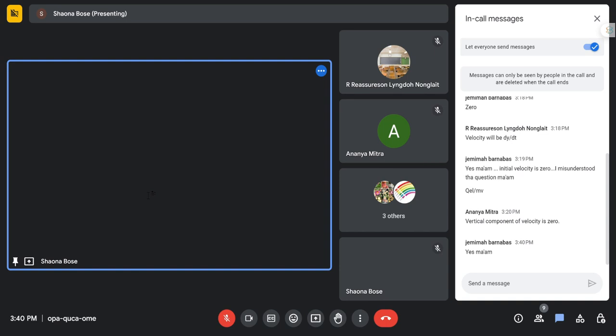Okay, so now you combine 3 and 4. Just equate 3 and 4, and what do you get? Let me know.